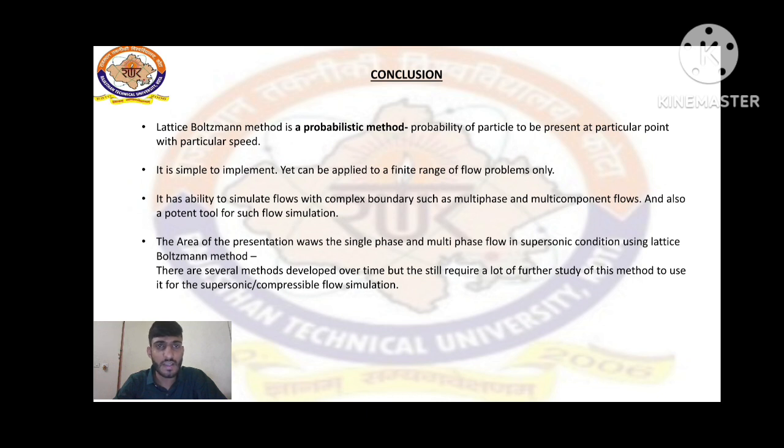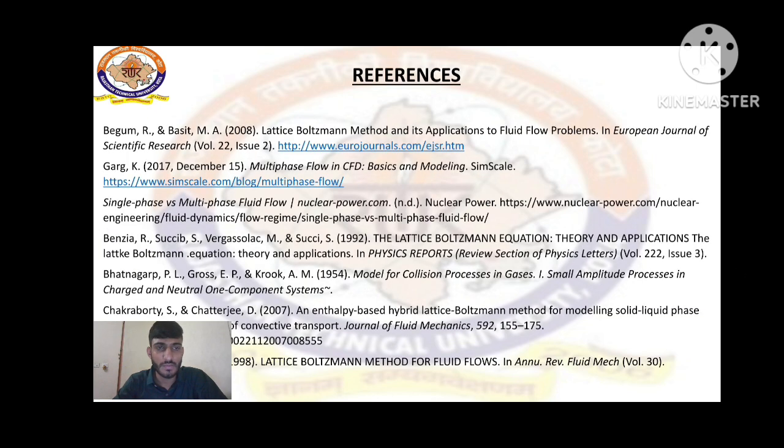So let us move ahead with the conclusion. Over here we can say that the Lattice-Boltzmann method is a probabilistic method where we see the probability of a particle being present at a given position with a given speed. It is simple to implement, yet applicable to a finite range of flow problems only.